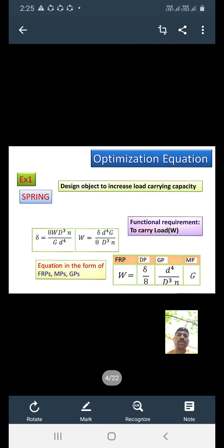GP is the geometrical parameters, meaning area. We should choose the diameter of the given shaft: d raised to 4 divided by D raised to 3 into N. And last is the material parameters, meaning the property of that material. What is G? G is the modulus of rigidity.